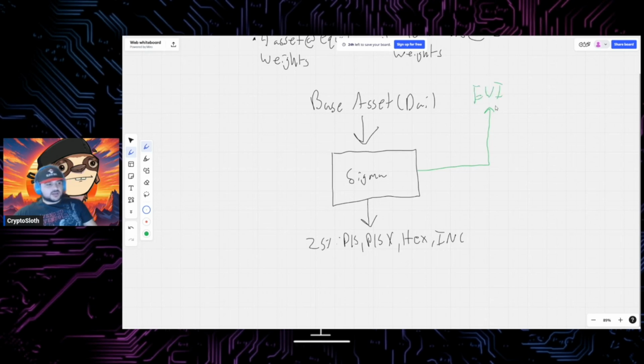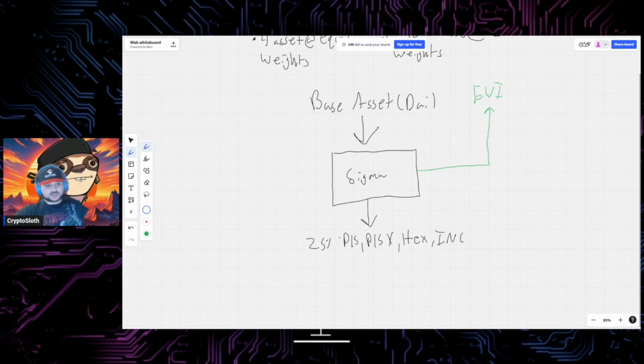And the number of EWI tokens represents your share of the ETF. So if you put in $1,000 and there was only $1,000, and let's say you get 10 EWI tokens out of it, then your 10 EWIs would represent 100% of the shares. And then let's say somebody else puts $1,000 in and they get 10 EWI tokens. Now your assets represent 50% of the shares. So it's 1-for-1.